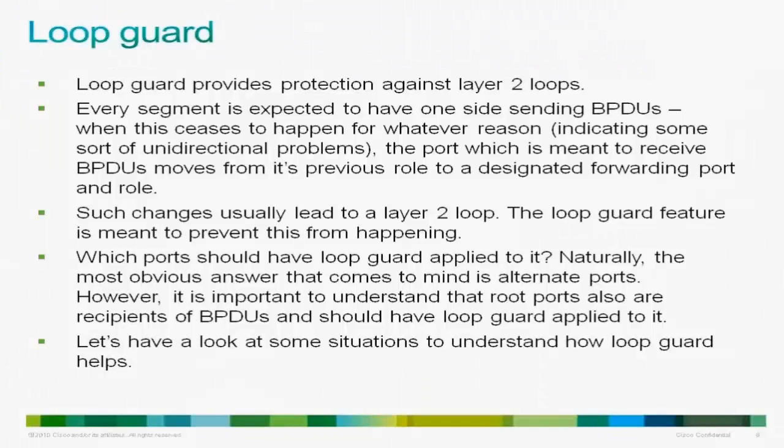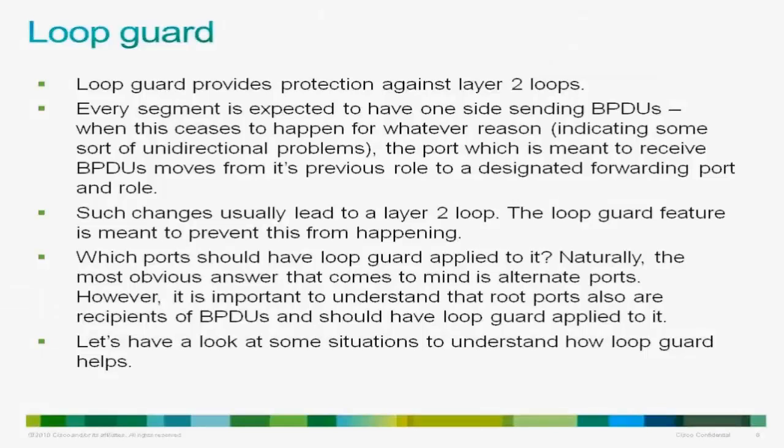Right. So in your layer 2 switched network, there's something called segments. As an example, you can take a switch connected to a switch by an Ethernet link. That is one segment.